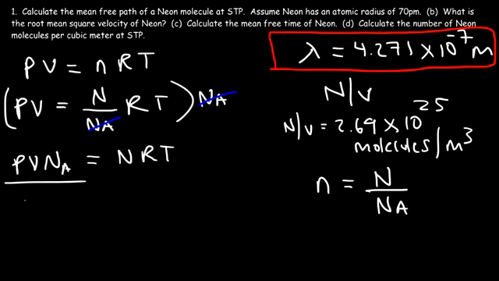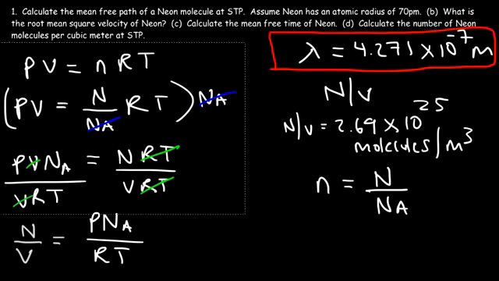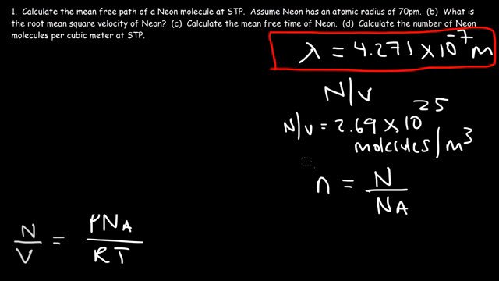Now I'm going to divide both sides by VRT. So on the right side, RT will cancel. On the left side, V will cancel. So the number of molecules per cubic meter is going to be the pressure times Avogadro's number divided by RT. Now the pressure is 101,300 pascals.